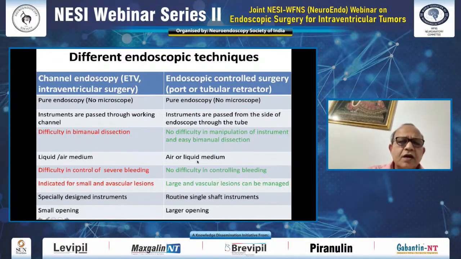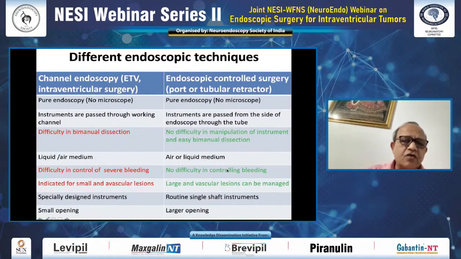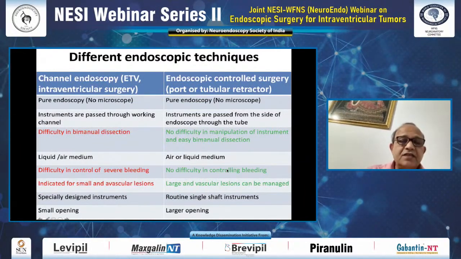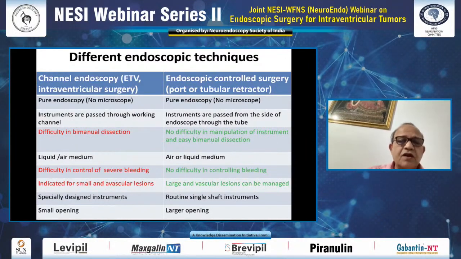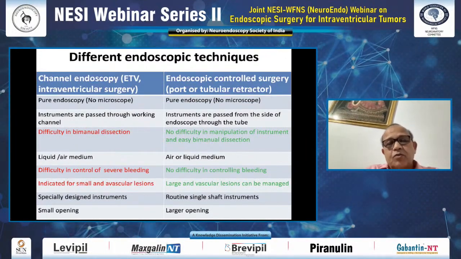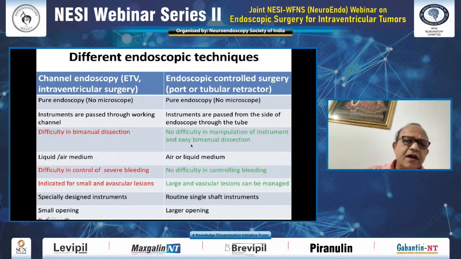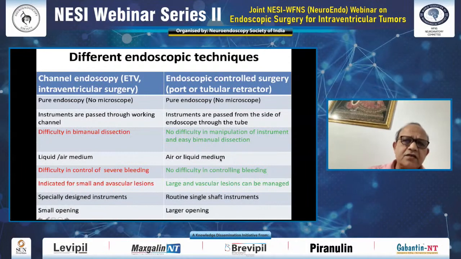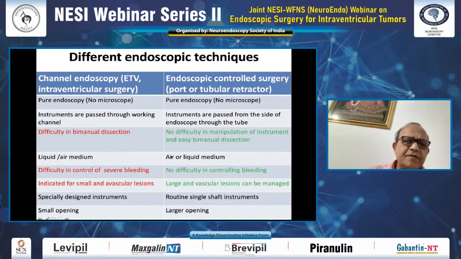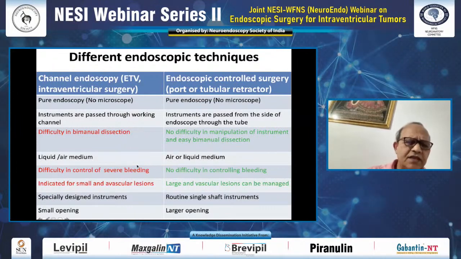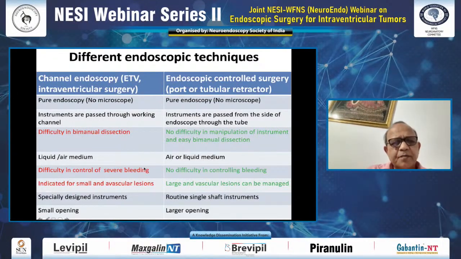And therefore there is no difficulty in controlling bleeding even if there is severe bleeding, and larger and vascular lesions can be operated using this approach, using tubular retractor. Another advantage is that in most cases we use air media, therefore seeing a bleeding vessel becomes very easy.